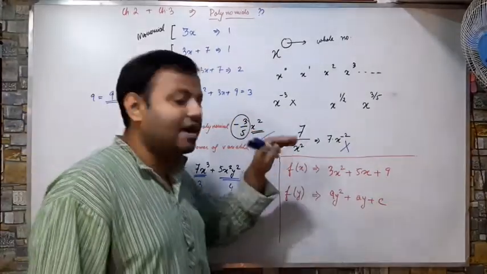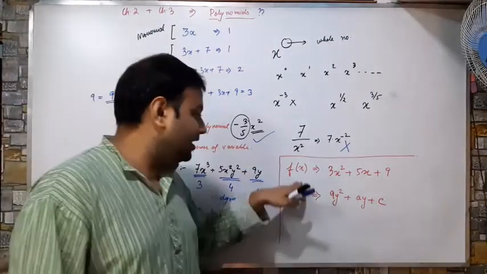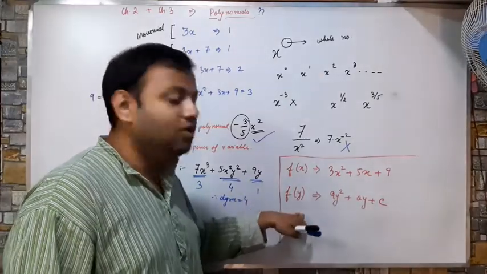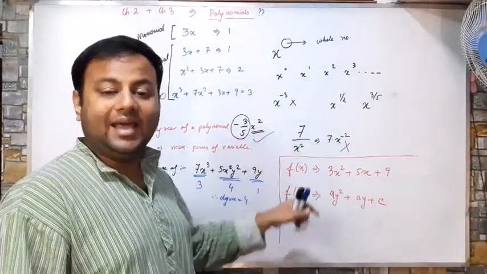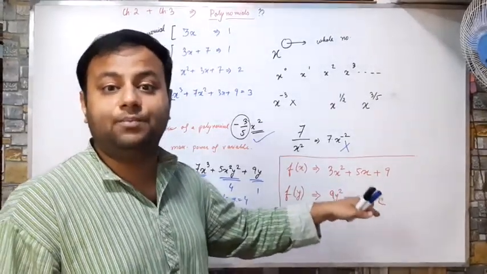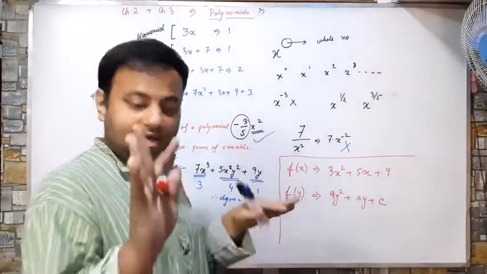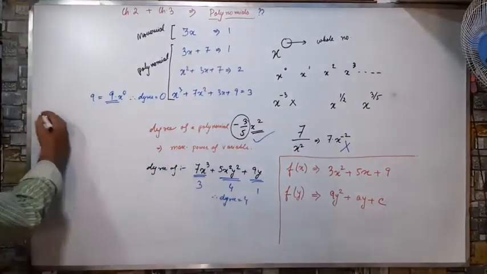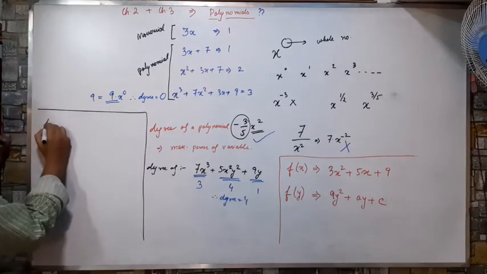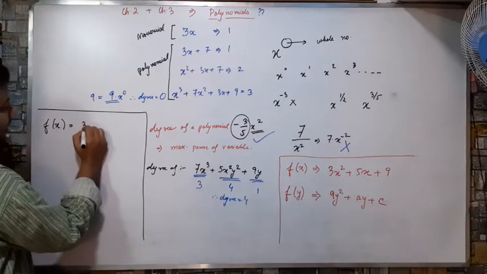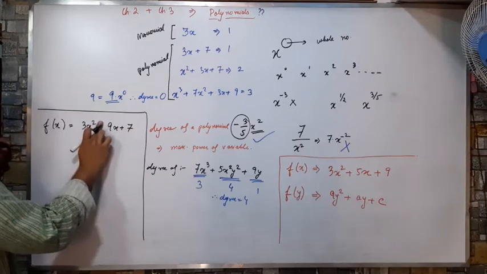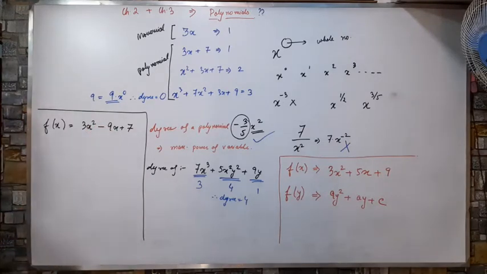So what is the use of writing like this? The use of writing a polynomial by f(x) or f(y) is that if any value of the variable is given, I can substitute that value in the place of the variable positions. Didn't understand? Let me tell you. Suppose you are given f(x) equal to 3x square minus 9x plus 7.